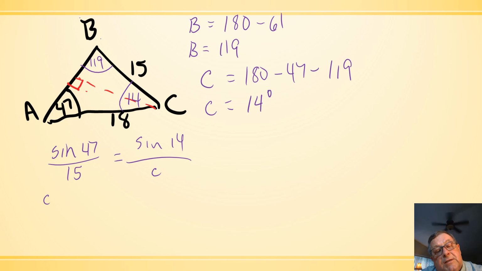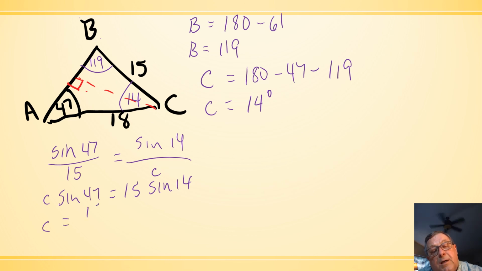So side c times the sine of 47 equals 15 times the sine of 14, and side c is approximately 15 times the sine of 14 over the sine of 47.